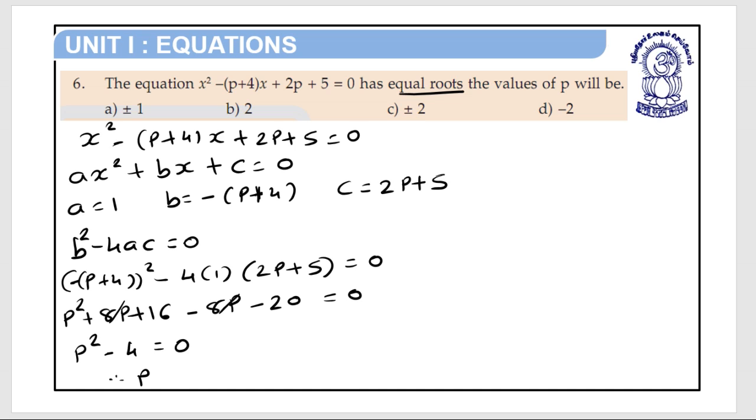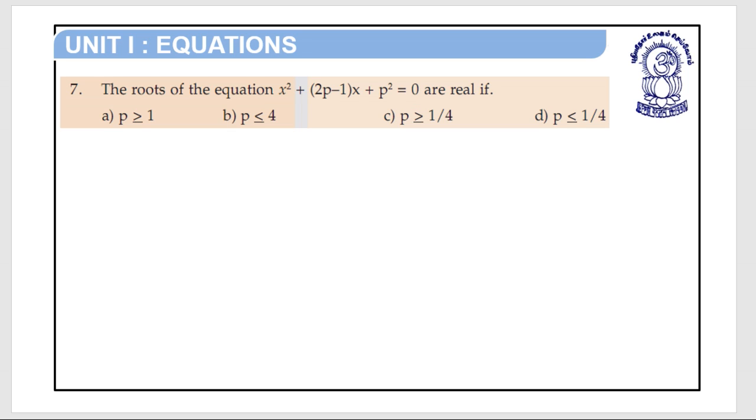So p square is equal to 4, so p is equal to under root of 4, which is plus or minus 2. C is the answer.